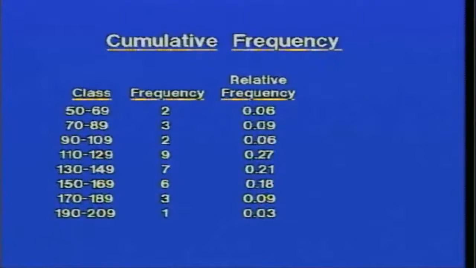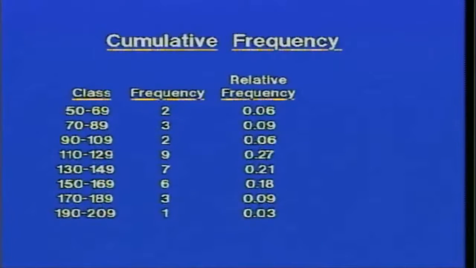Now, we really don't need relative frequencies for our discussion of cumulative frequency, but just for completeness and to differentiate among them, I wanted to include this column in the graph. The relative frequency of 0.06, remember, was found by taking the frequency of 2 and dividing by the total of the frequencies, which was 33. So 2 over 33 was 0.06.